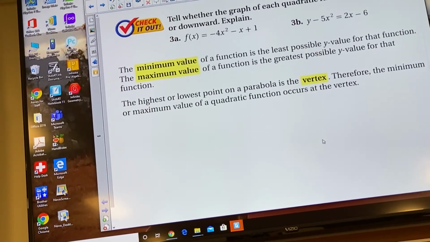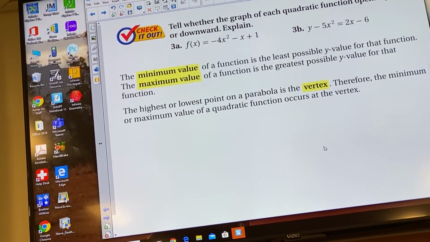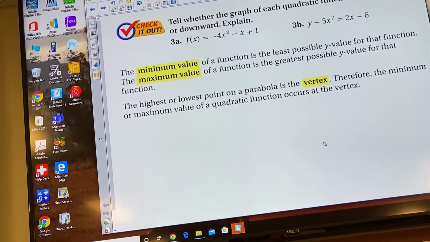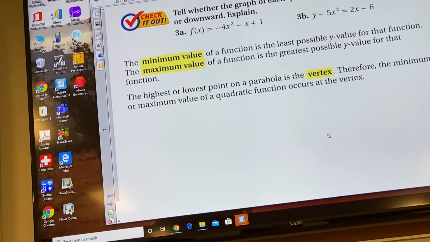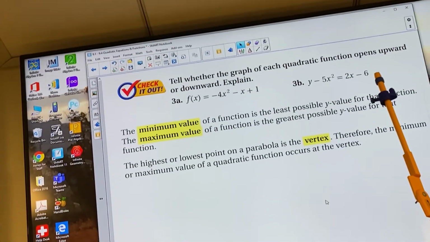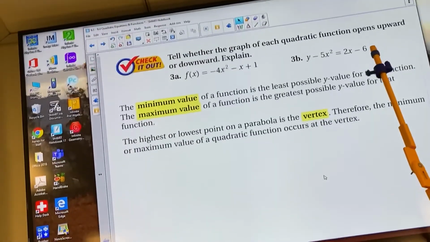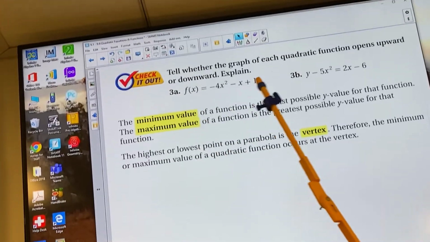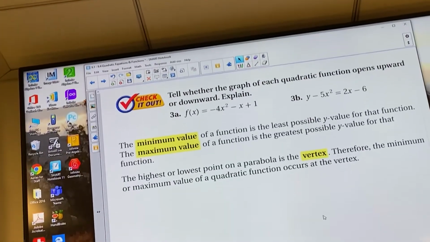3b, wait a minute, look, the y and the x squared are together on the same side, so you would have to add 5x squared over to move this guy over, right? You'd have to add the 5x squared to move it over there, making it positive, so this would be a parabola that opens upward. The minimum value of a function is the least possible y value of the function, like this, look, the lowest y value.